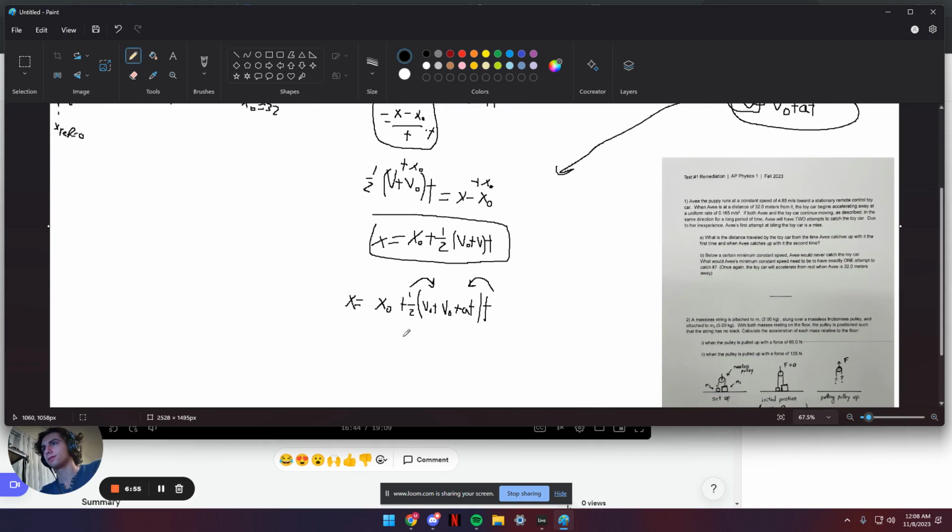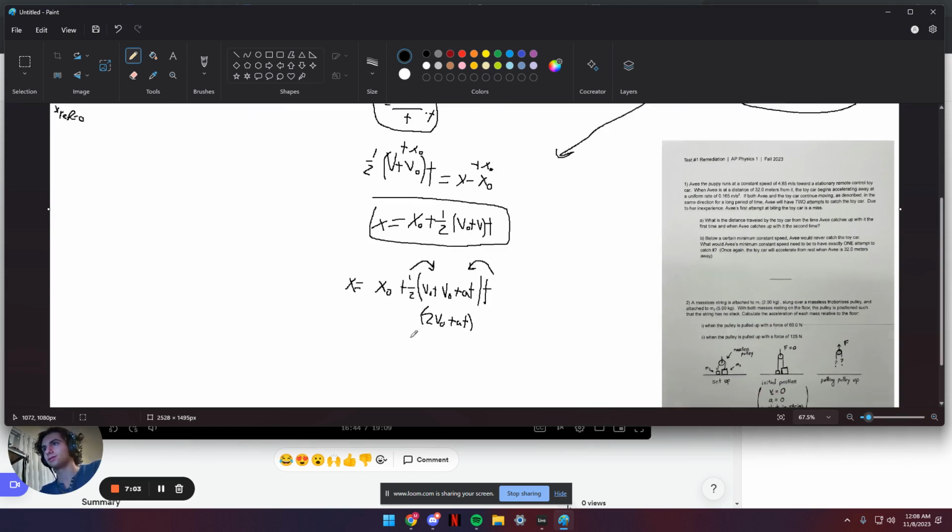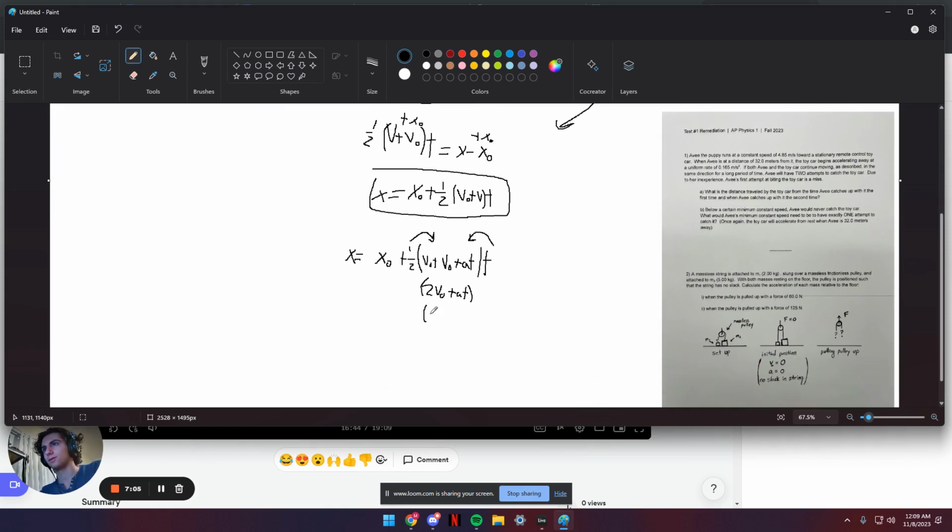So let's start by combining the two V naughts into 2 V naught plus AT. And then let's distribute the 1/2, which would be V naught plus 1/2 AT.